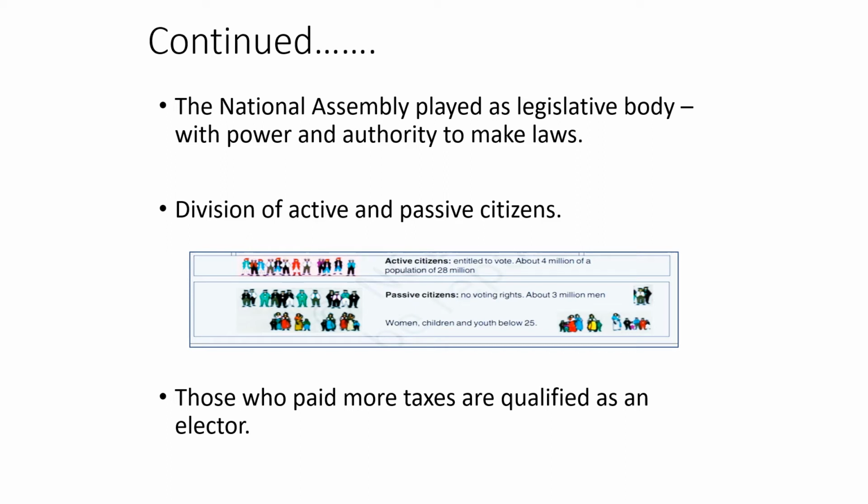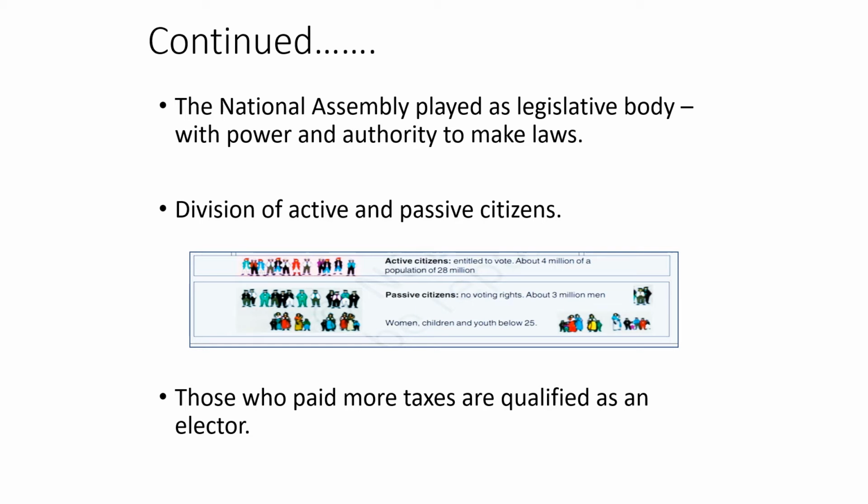In other words, citizens elected the electors, and these electors in turn chose the assembly. In addition to this, people were divided into active citizens and passive citizens.